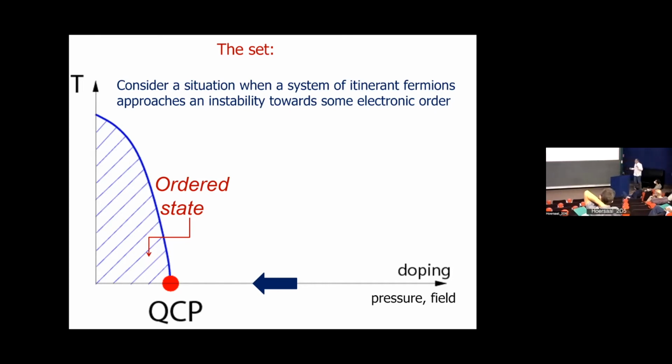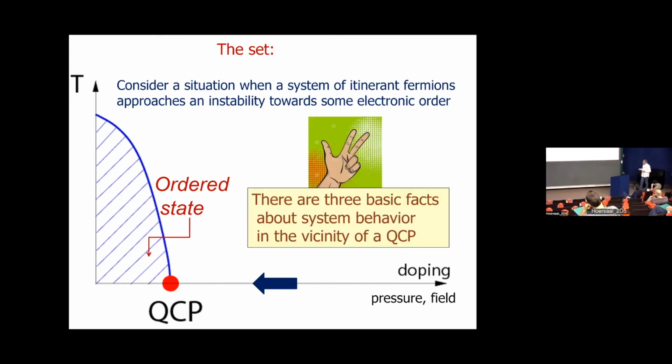Think about this state as either antiferromagnetism or nematic order, or ferromagnetic order, or current order, something. And the question is, what happens near this red point? Of course, experimentally, we never are at zero temperature, but as theorists, we like to play with zero temperature. So most of my story will be about what happens when you go straight along this line and hit the quantum critical point at zero temperature.